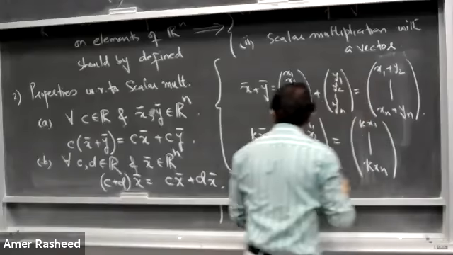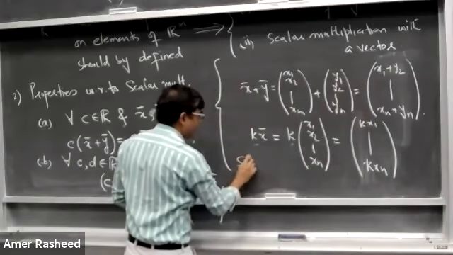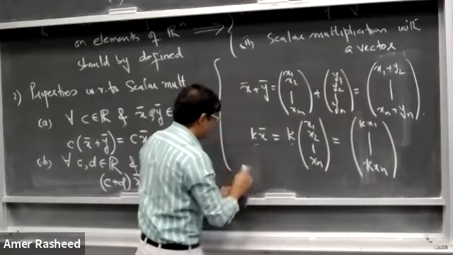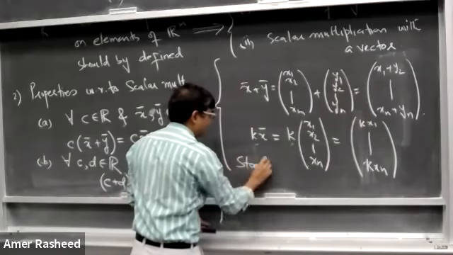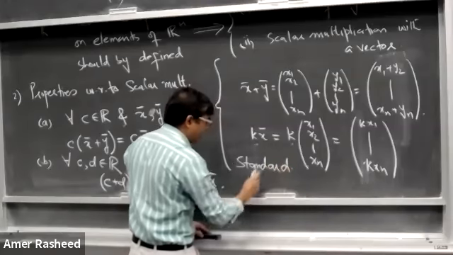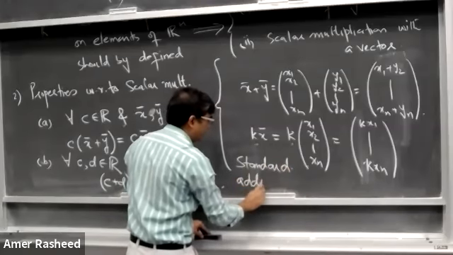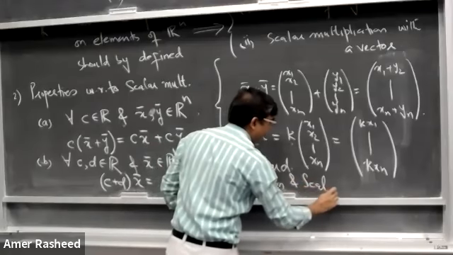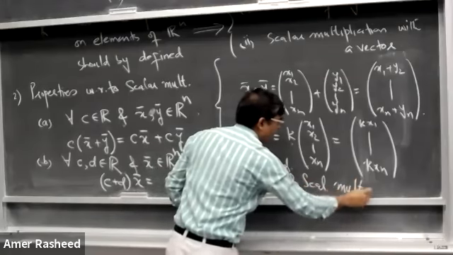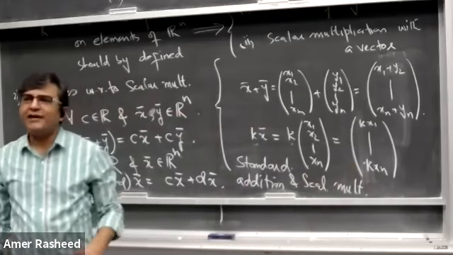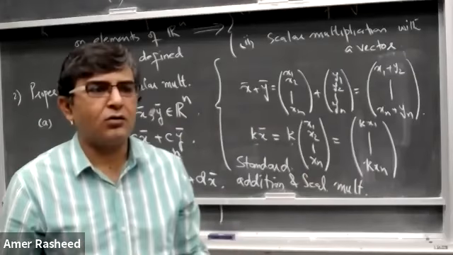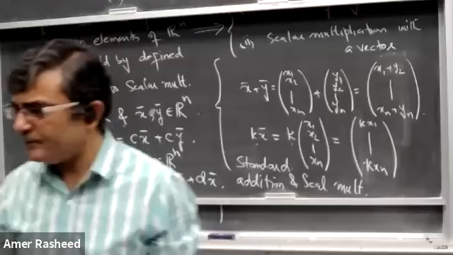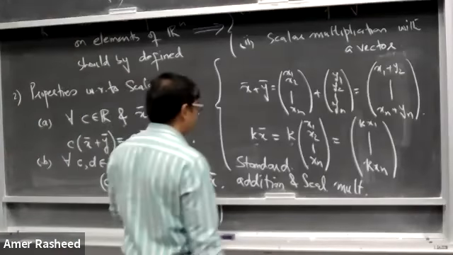These are the standard definitions of scalar multiplication. We call them standard addition and scalar multiplication. But these standard definitions can be modified according to the situation we are trying to handle.